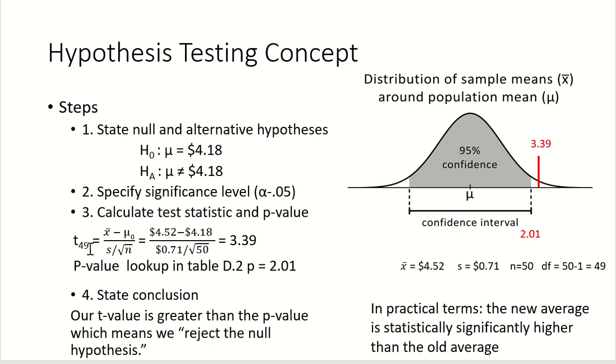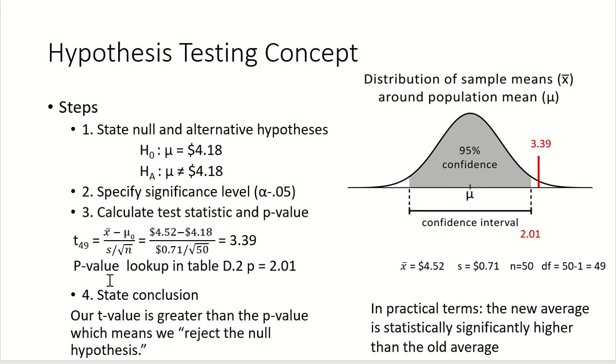So the T statistic for 49, because we did a sample of 50, is the new average minus the old average, or the average associated with my null hypothesis, divided by the standard deviation of the sample over the square root of the number of items in the sample. So my T statistic here comes out to be 3.39, so I label it 3.39 on my graph. And then I look up my p-values.